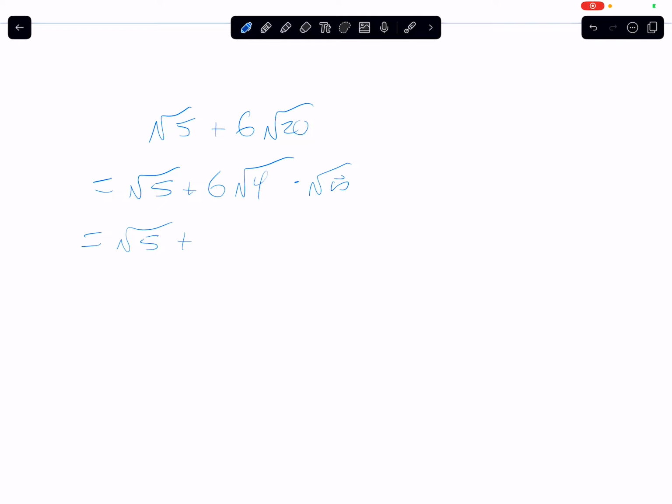The square root of 5 plus 6 times 2 times the square root of 5. Didn't skip that step this time. The square root of 5 plus 6 times 2 is 12 square root of 5. And then 1 square root of 5 plus 12 square roots of 5 is 13 square root of 5. And that's our final answer.